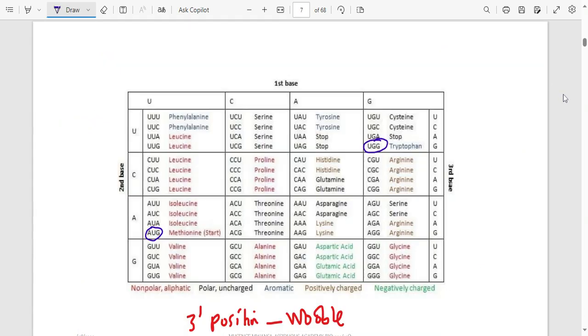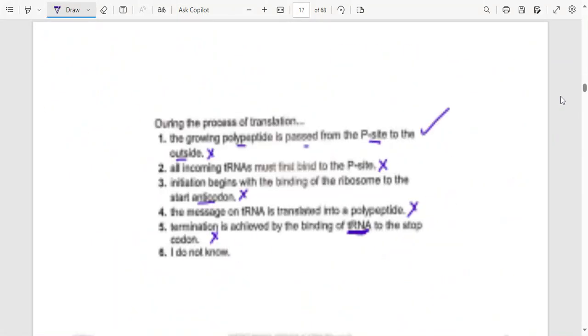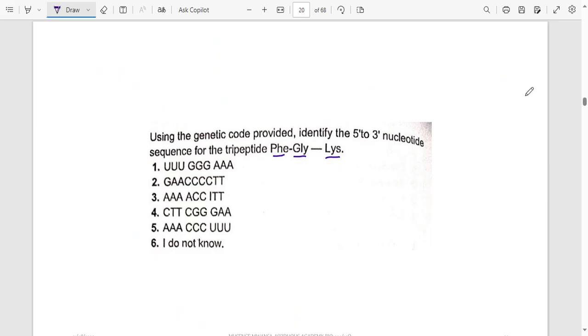The third position can change. So which one can you pick? UUC. Okay, excellent.